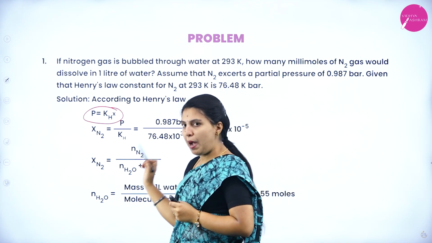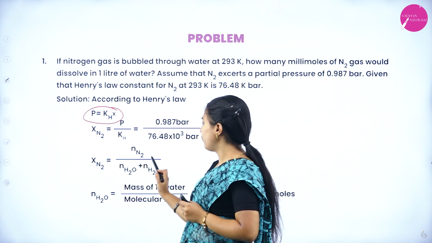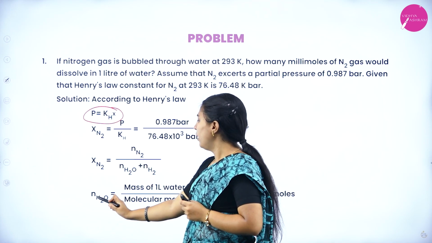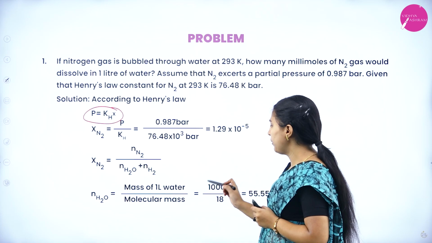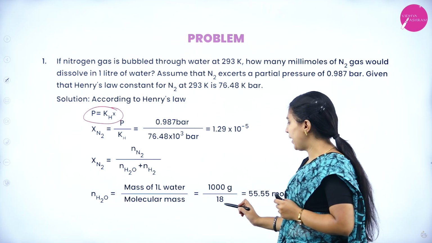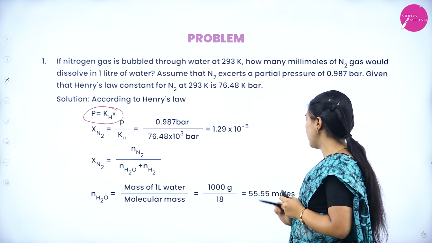If you apply the mole fraction, moles of N2 divided by moles of water plus moles of N2, overall water will be mass of 1 liter of water divided by molecular mass, 1000 gram by 18.